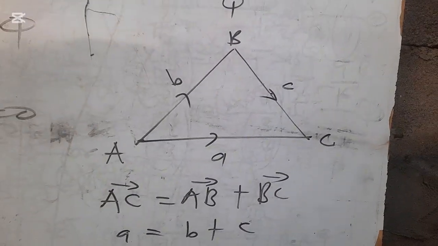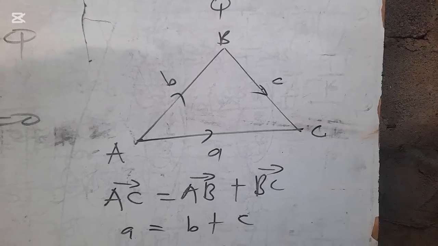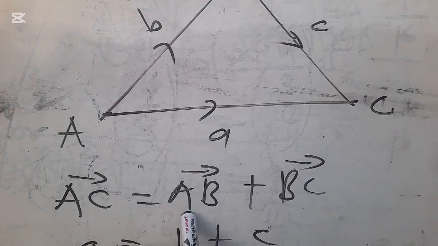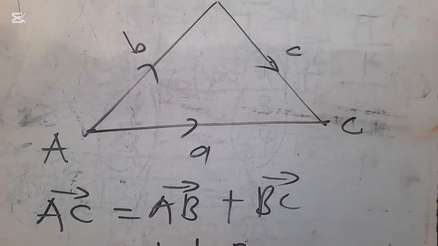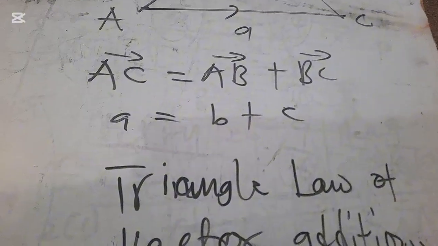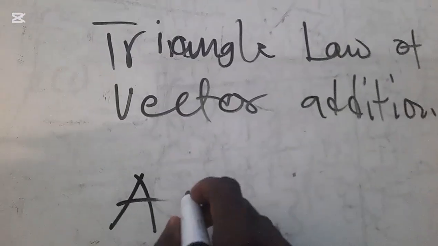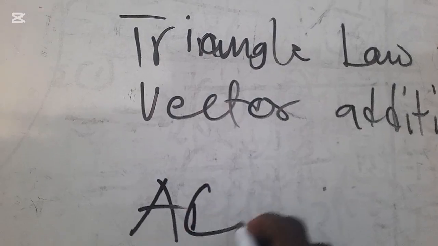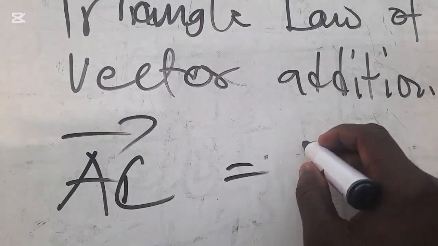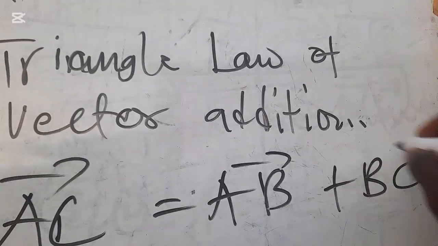Also in vector addition, before you can add vectors, the ending of one vector should be the beginning of another vector. So we have AC is equal to AB plus BC.